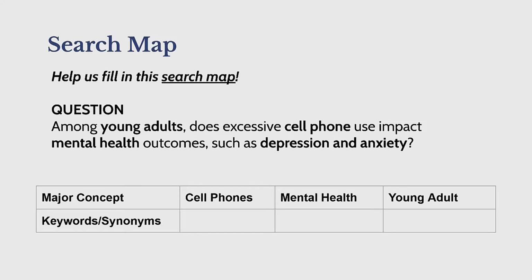We've highlighted these major concepts: cell phones, mental health, young adults, and we need synonyms or related keywords for each of these concepts. And what we're going to be doing is linking all of these keywords together so we can search for sources with any of these keywords included for these three different concepts.